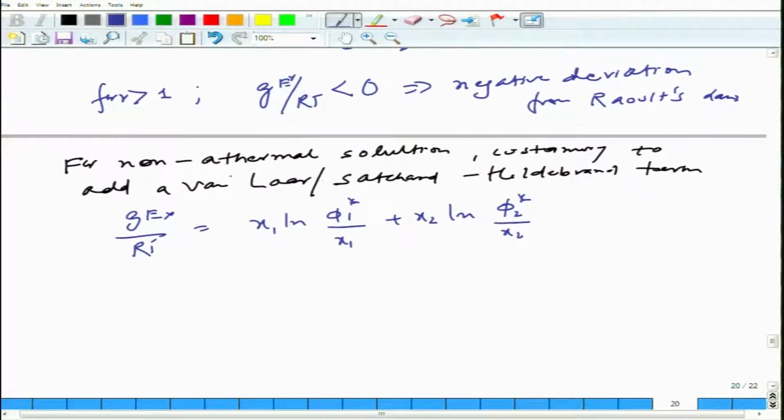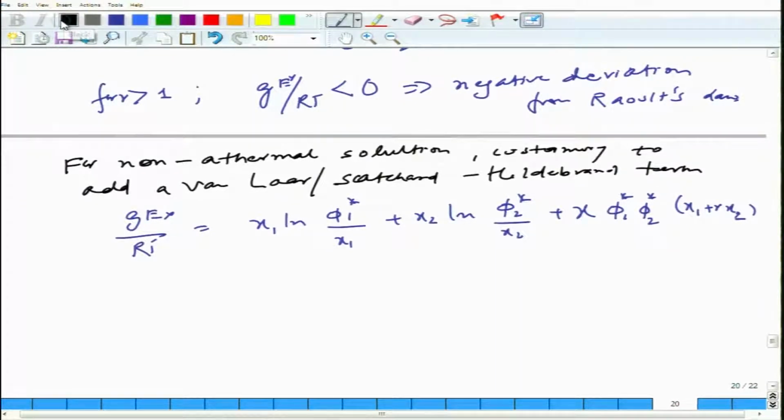And now since it's athermal, this is nothing but minus S excess by R. Now for non-athermal, I'm going to add this term. So this is due to the Van Laar Scatchard-Hildebrand term.